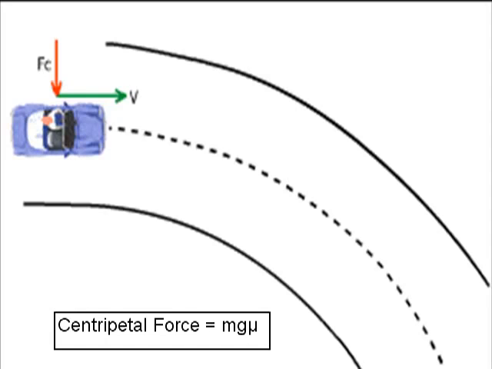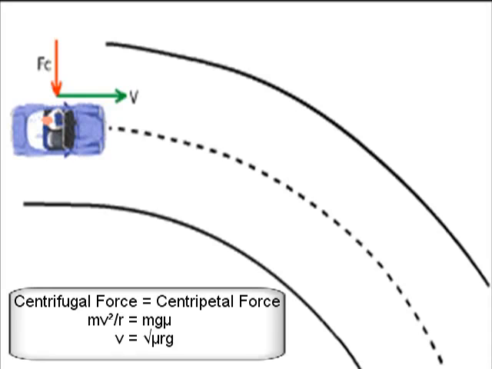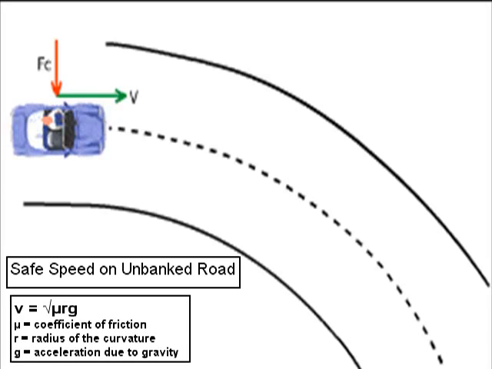When these two forces are equal, then the vehicle can safely take the turn, and that's why the safe speed on unbanked road is given by the formula v is equal to under root mu r g, where mu is the coefficient of friction between tires and the road, r is the radius of curvature of the path, and g is the acceleration due to gravity.